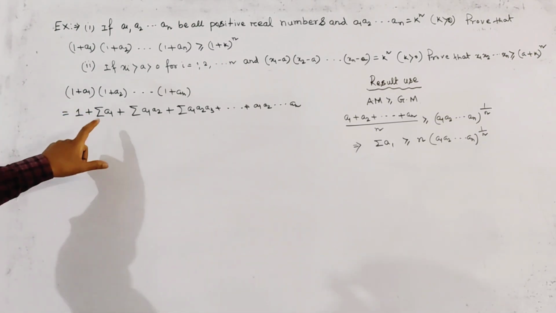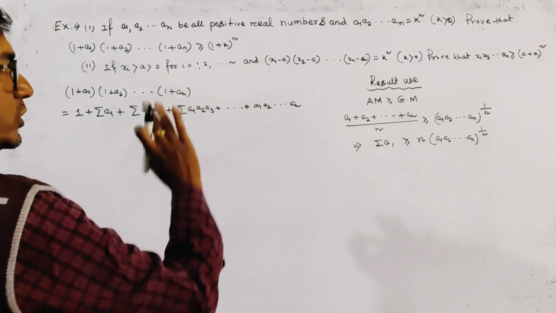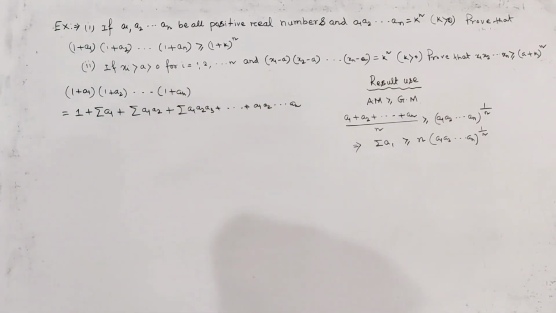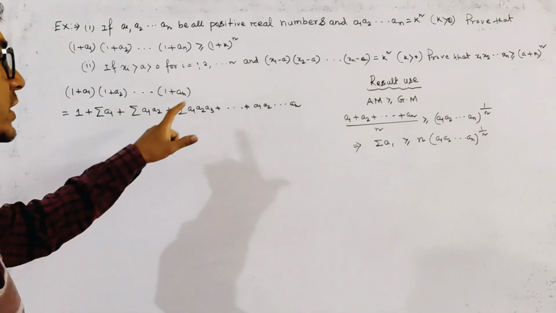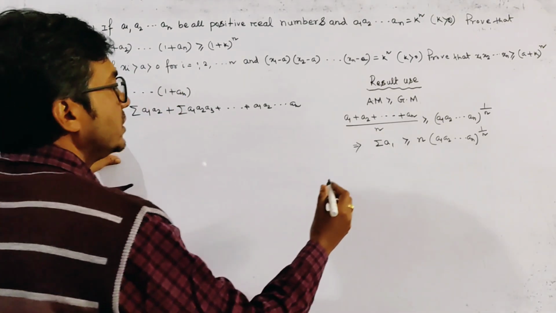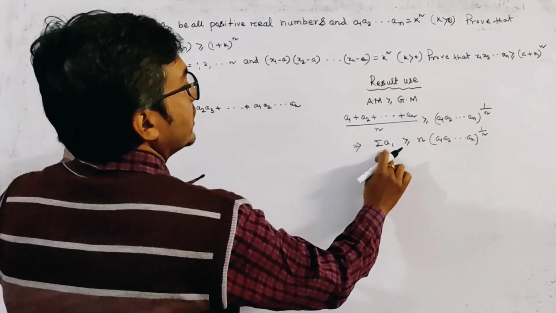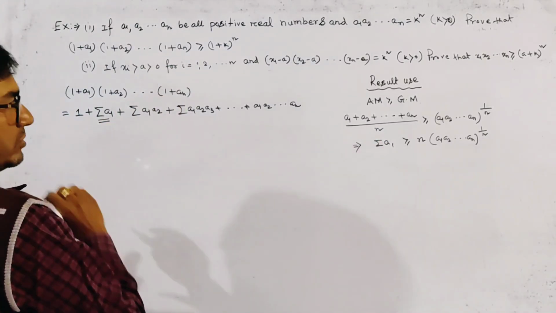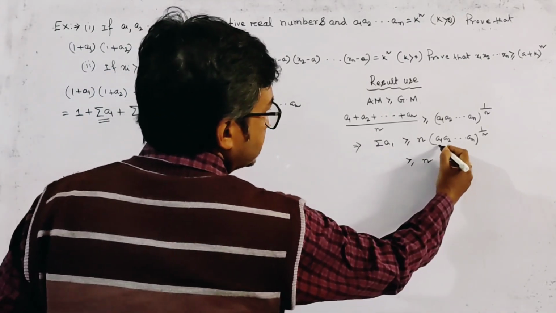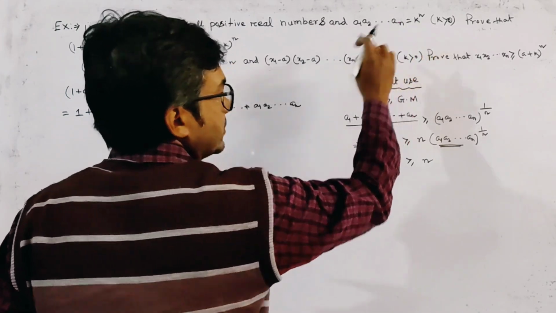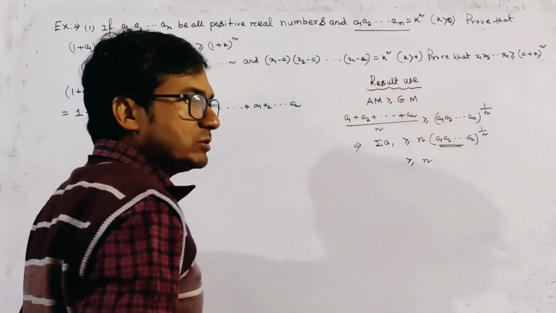Now we use this result, and here we use AM greater equal to GM. How do we use AM greater equal to GM in all these terms? First, for the second term, summation a1 is greater equal to n into (a1 into a2 into an), and this is equal to k to the power n.